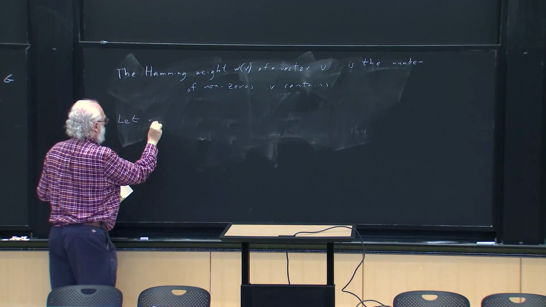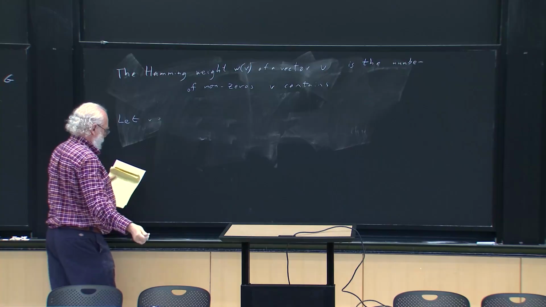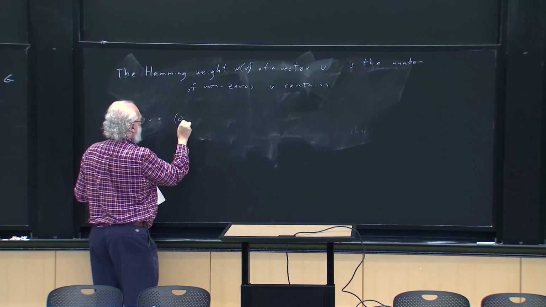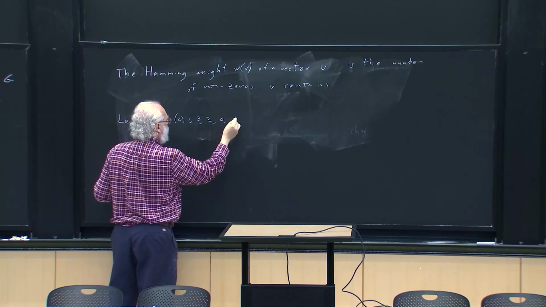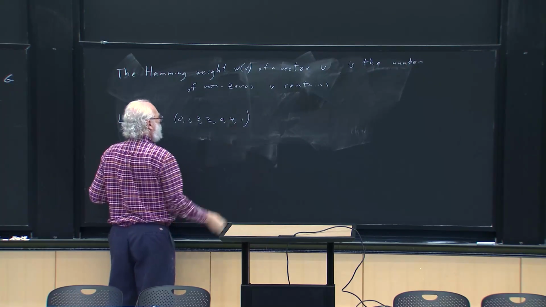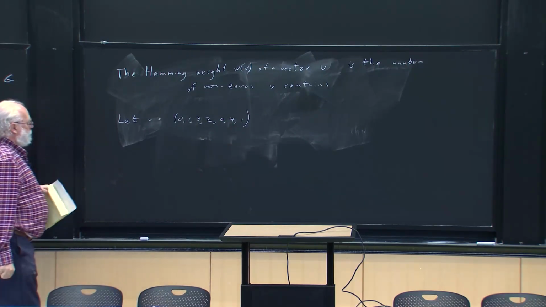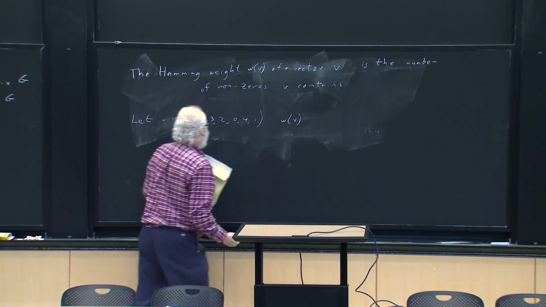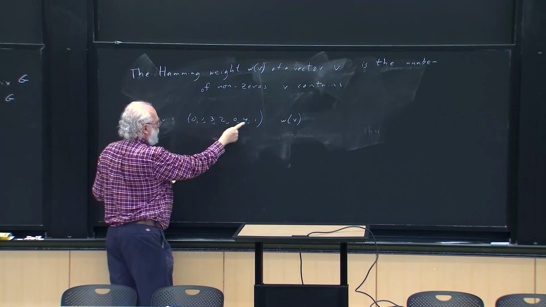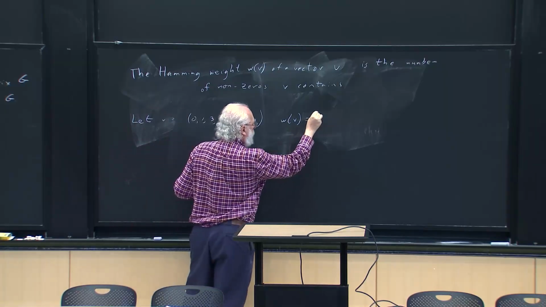Say V equals 0, 1, 3, 2, 0, 4, 1. The Hamming weight is the number of non-zeros, with 1, 2, 3, 4, 5, is equal to 5.